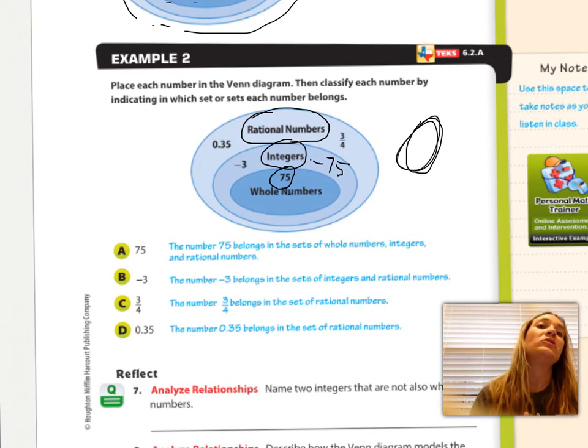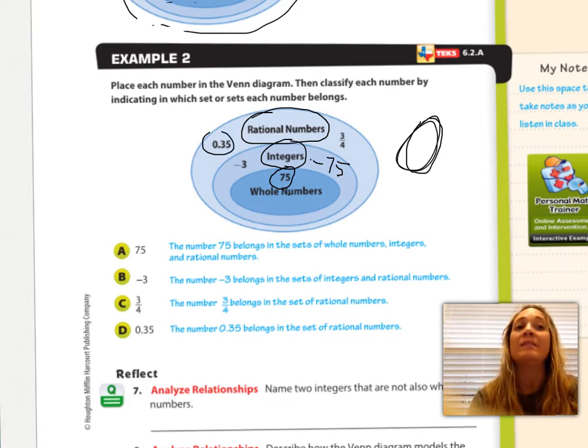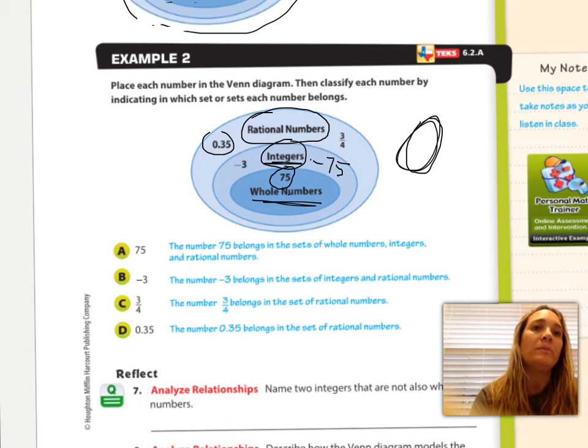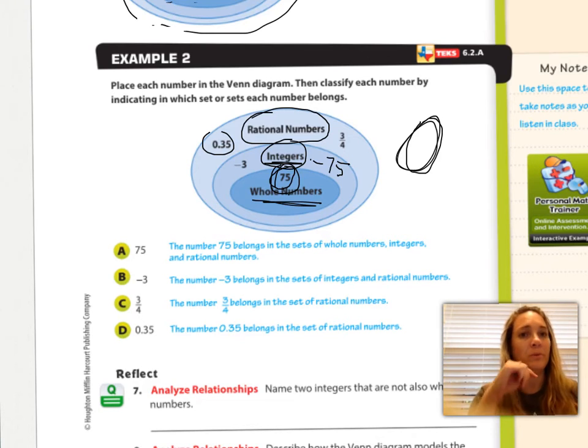And then rational numbers include fractions and decimals. Okay? So if it's a decimal, it's not an integer, and it's not a whole number. It's just a rational number. Okay? If it's 75, it is a whole number, it's also an integer, and it's also a rational number.